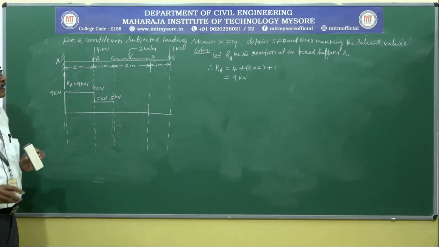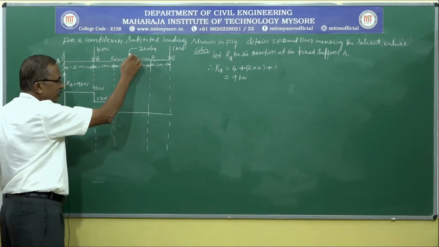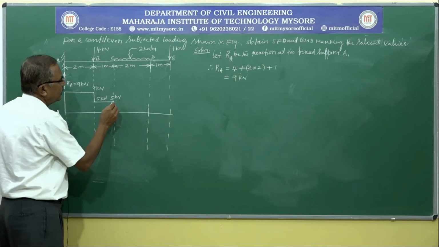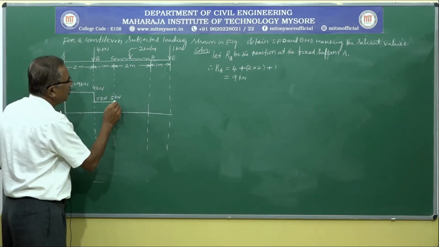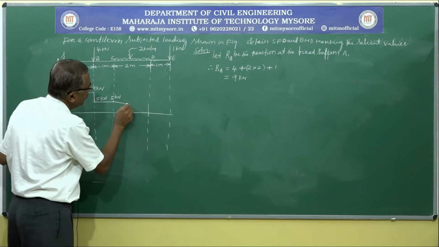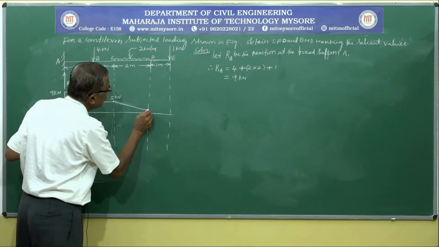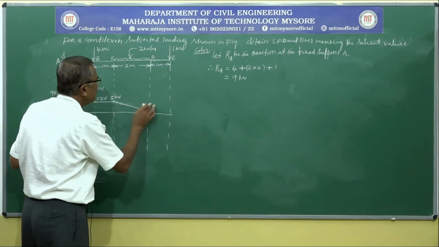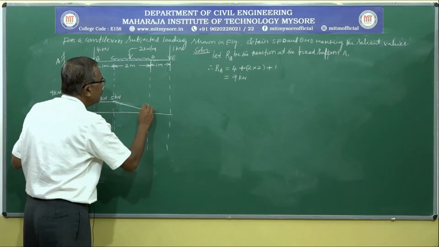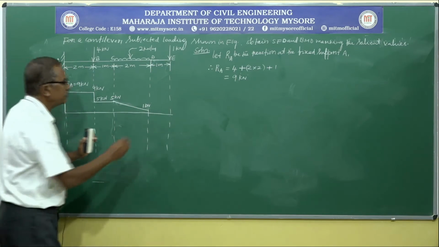Between C and D there is a uniformly distributed load, convert UDL to a point load, 2 into 2, 4. Come down between C and D linearly by 4 kilonewton. Here it is 5 minus 4 is 1 kilonewton. Between D and E no load, this is a horizontal line.